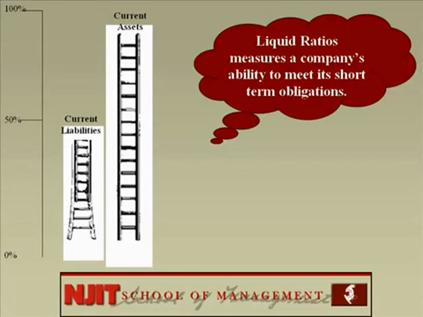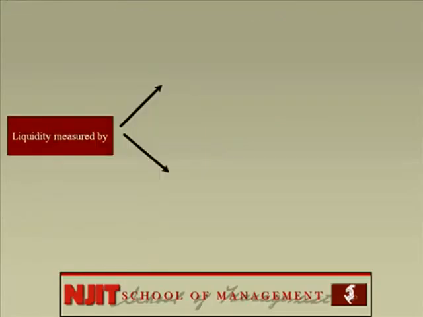Liquidity is measured by two ratios. What are these? They are the current ratio and the quick or acid test ratio.